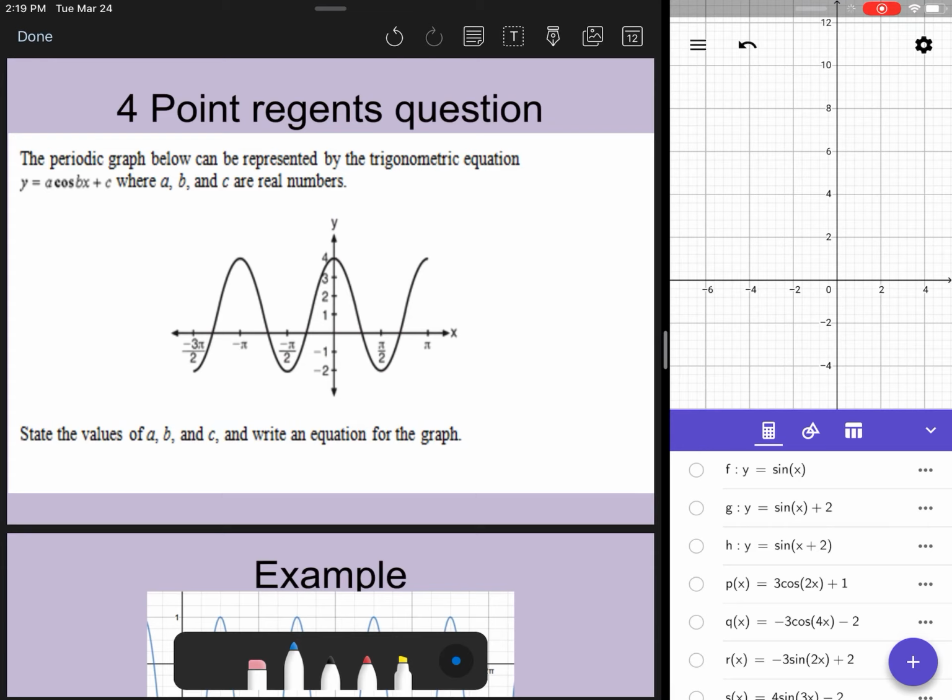Okay, so let's take a look at this because this is looking a little bit different from what we've seen so far. And if you notice, the reason is it kind of looks like it's been shifted up, right? Shifted up a little bit. So if it's being shifted up a little bit, we've got to take that into account before we identify the amplitude of our equation.